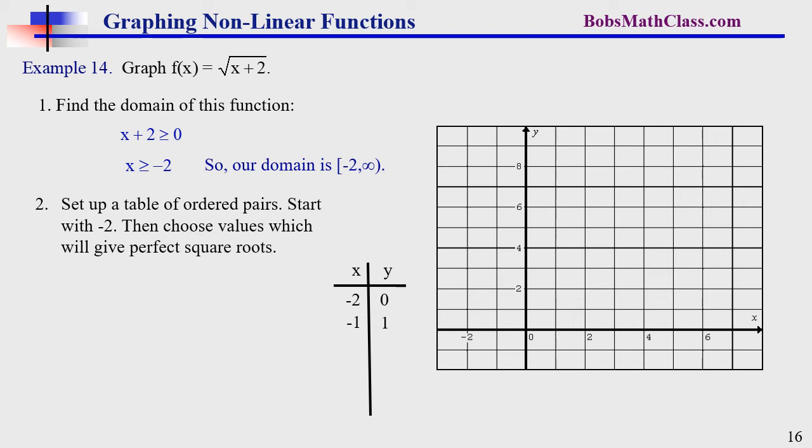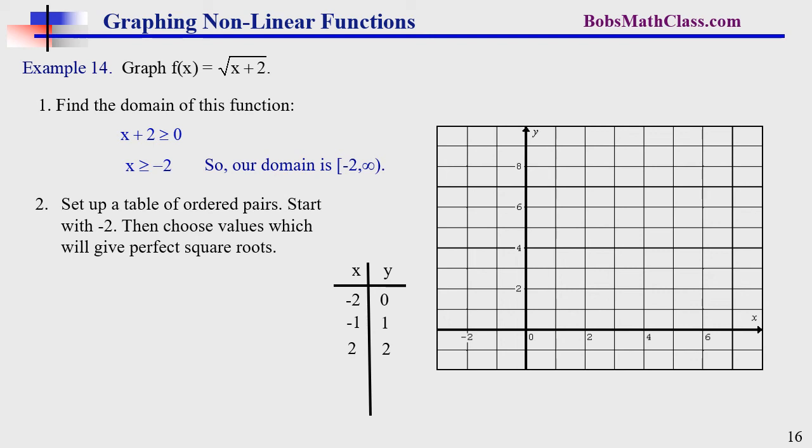All right, we want to get a 4. What number plus 2 equals 4? Right, 2. So that's the next number we want to choose here for x, 2. 2 plus 2 is 4. Square root of 4 is 2. All right, the next number we want to get for y is 3. So square root of what number is 3? Right, square root of 9.